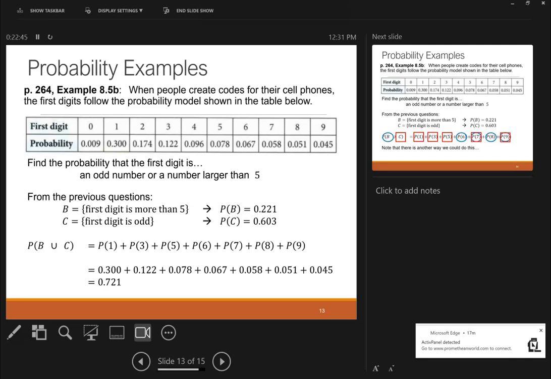You can do the probability of A plus the probability of B, but then you need to subtract the probability of A and B. So you have to subtract off the intersection because you counted that intersection twice.